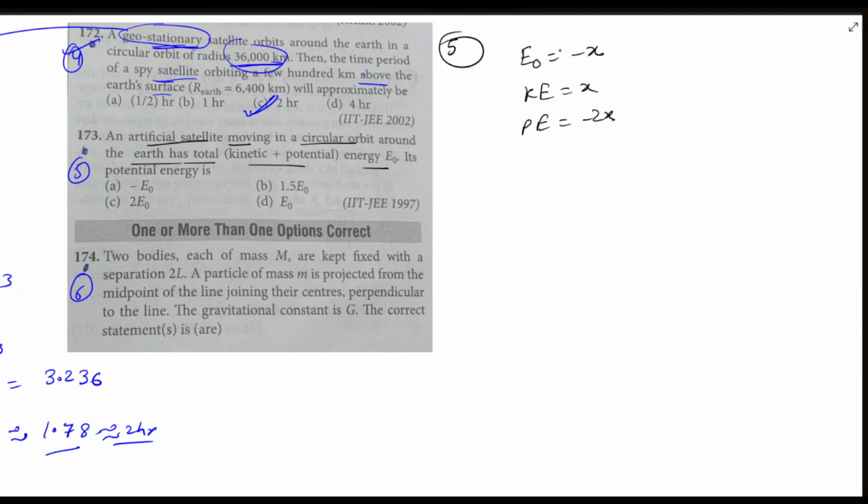So if minus x is E naught, potential energy will turn out to be 2 E naught, right? So 2 E naught. C will be the option. That's easy, right? Let's move on to our sixth question.